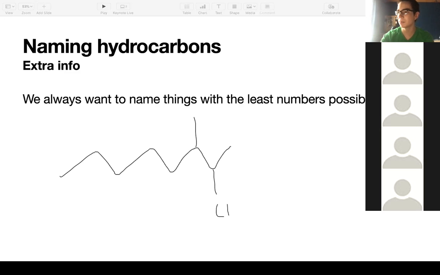Now, why wouldn't it be 1, 2, 3, 4, 5, 6, 7, 8? So would we want to put the methyl group on carbon 6 and the chloro group on carbon 7? And if not, how? From the right side. Yeah, so instead, what we want to do is approach it from the right side. So that way our chlorine is on carbon 2 and our methyl is on carbon 3.